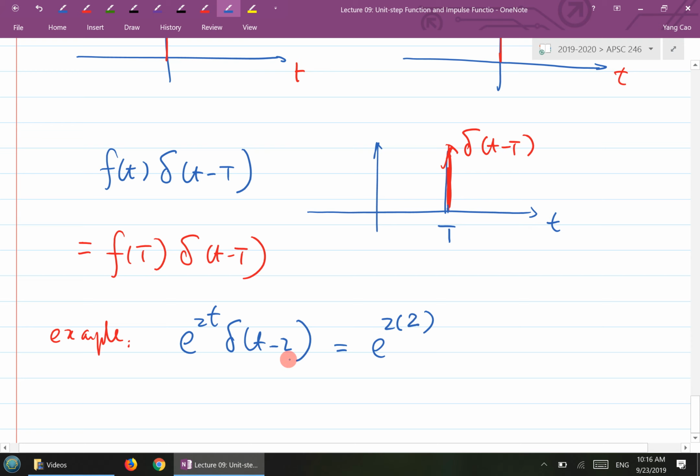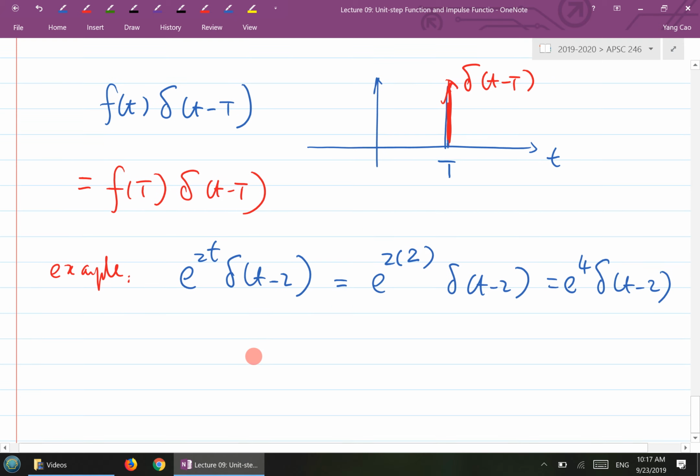Because this is t minus 2. And then you don't change this impulse here. You keep the impulse as it is. E to the power 4 times this impulse. So for any other functions, you follow the same rule.